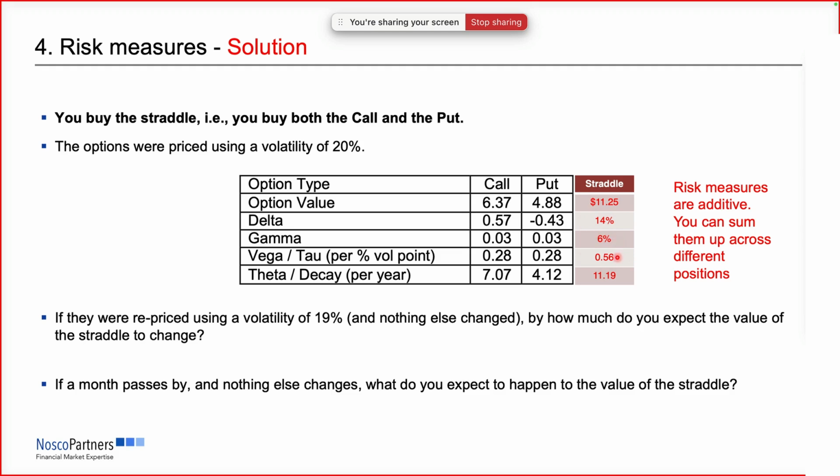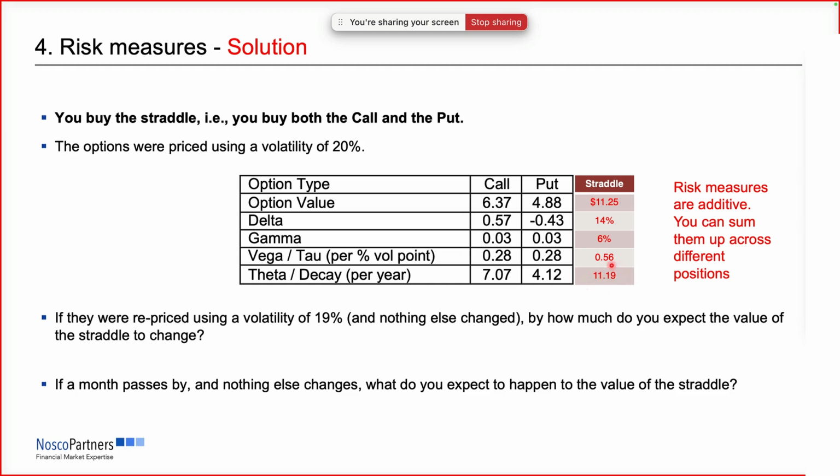So gamma, vega. And then, of course, because you have a big optionality, you bought the call and you bought the put, you have also quite a high theta, right? That theta is about, well, it's actually $11.19 per year. But let's do it, let's say, per day or per month, right?